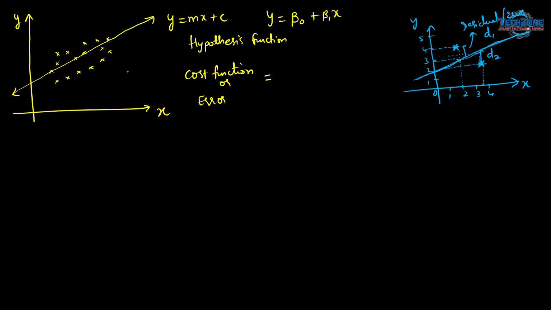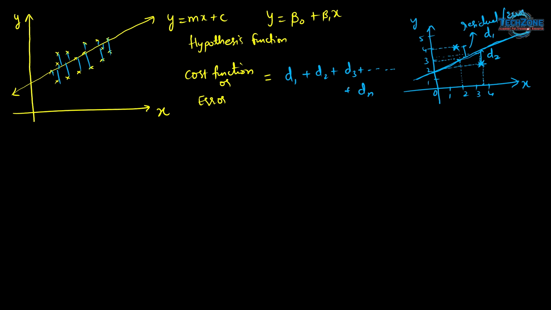So like this, for all the points we'll calculate the residuals, and we add those residuals, and that sum should be minimum. So d1, d2, d3 and so on up to dn. n is the number of observations.